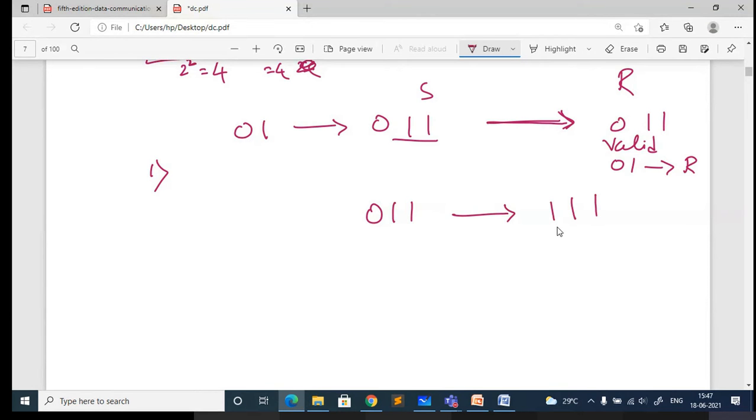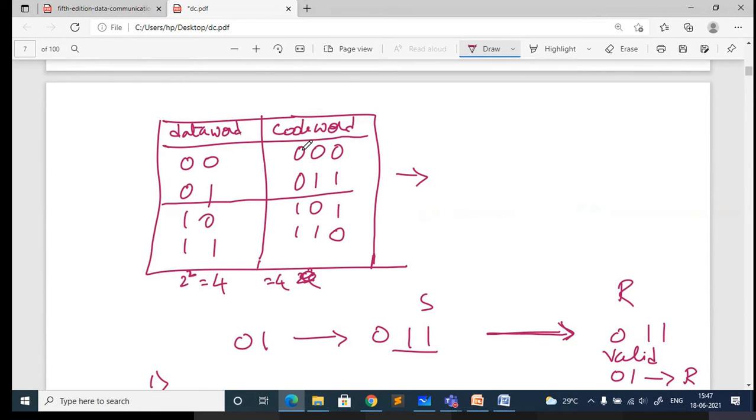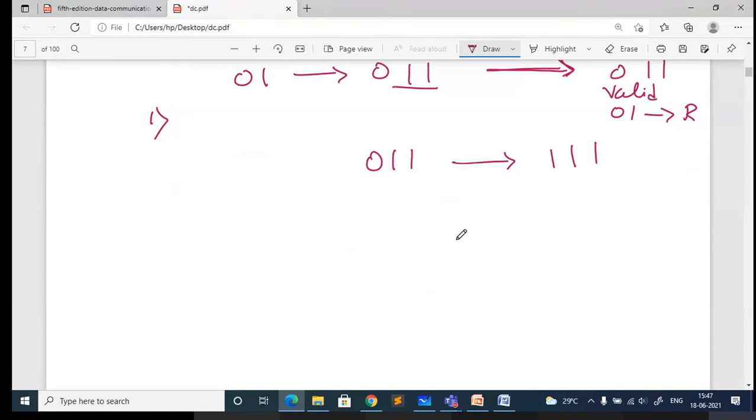So this bit got corrupted. Do you have this code word matching in this table? It is not matching, so the receiver will come to know that this is not a valid code word. If it is not a valid code word, that means there is an error, and it discards this data.